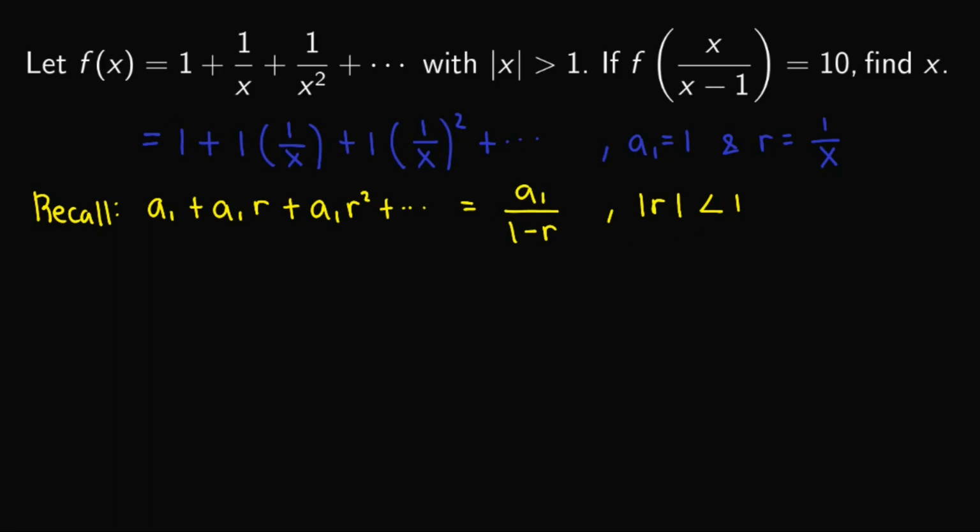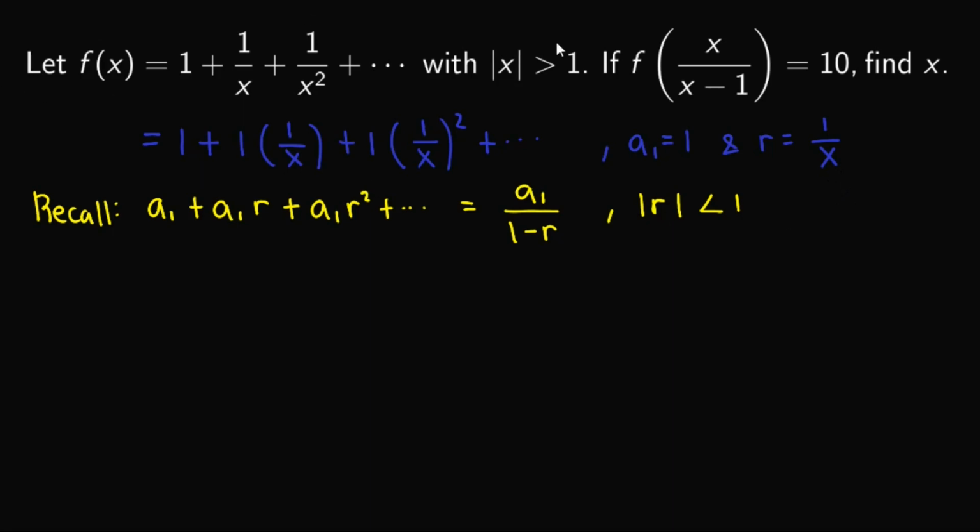So that means we can express this function into this form. But we still need to show that the absolute value of r must be less than 1, or that is, the absolute value of 1 over x is less than 1.